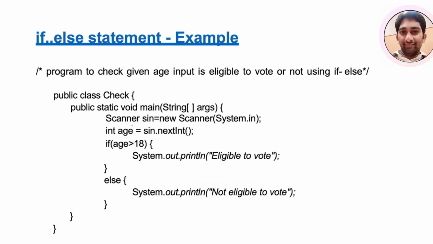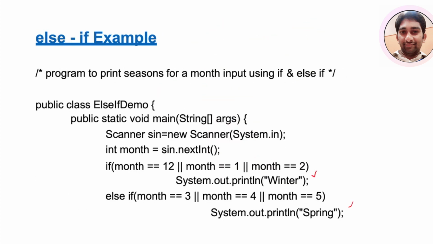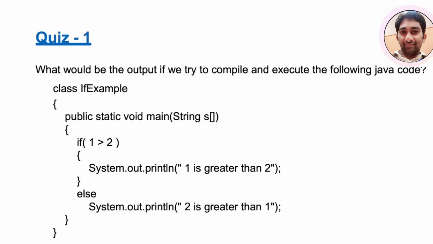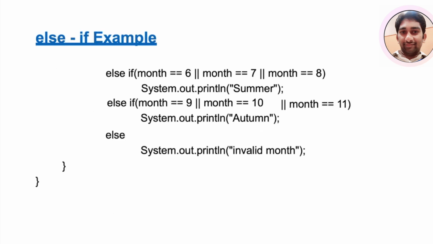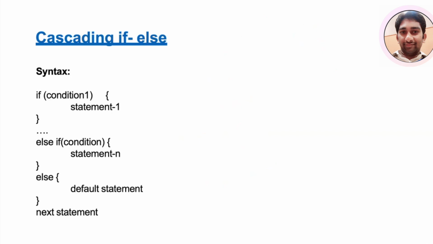Clear? So that is if else and nested, cascading if else. Before going to the switch statement, we'll see another type of if statement. That is what we call nested if else. In nested if else, what happens?